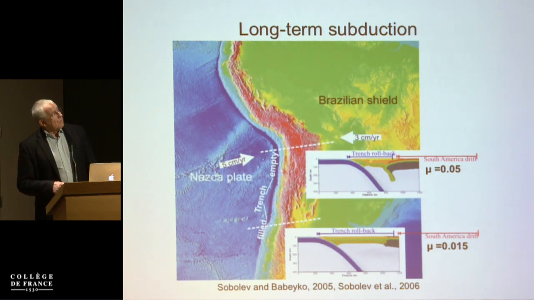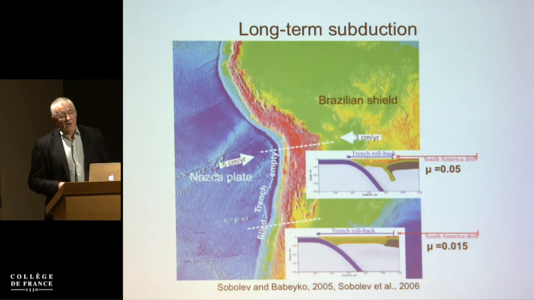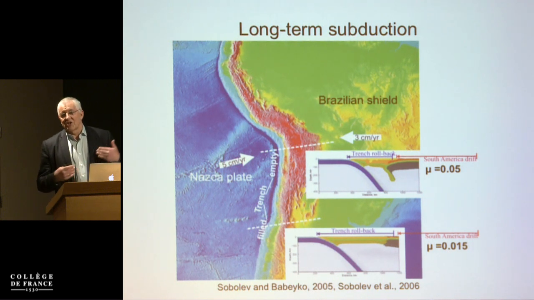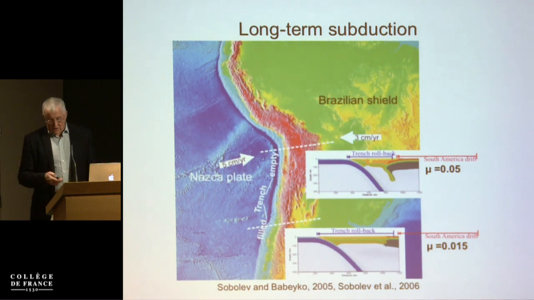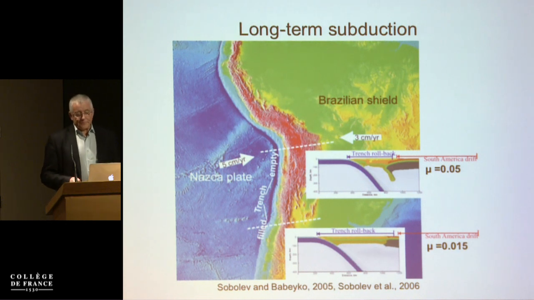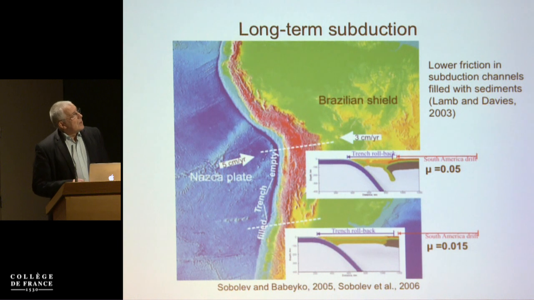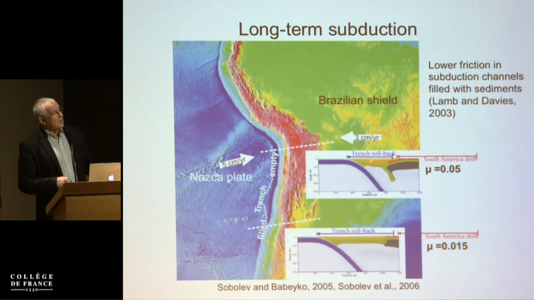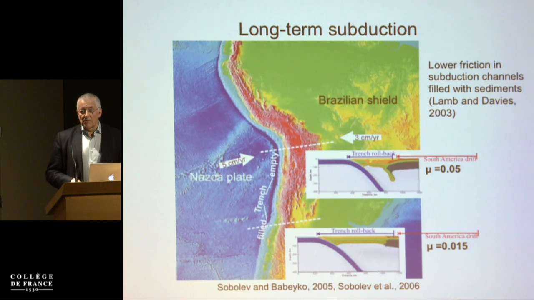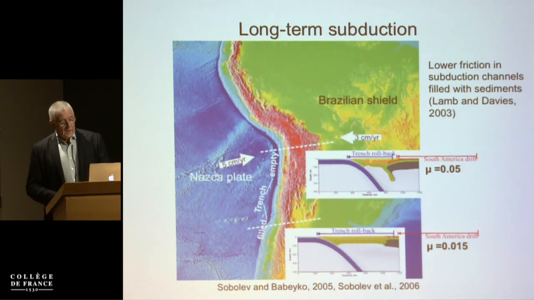So mostly what is coming into the subduction channel is just sheared material from the upper plate. And this was also suggested by other people. So by Lamb and Davis in 2003, they looked at the balance of the forces in the system and came to basically the same results.